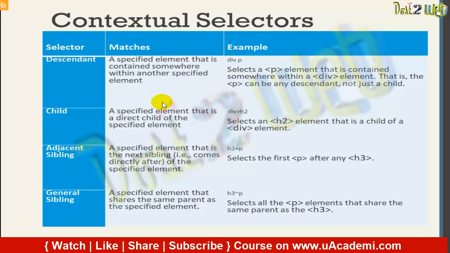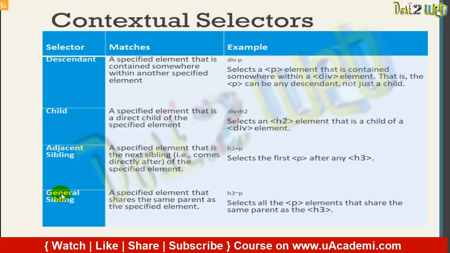When you want to use a child element, then you use div > h2. With the adjacent symbol, that means select the first paragraph after any h3. So after h3, if any paragraph is there and you want the CSS to be applied, then you are going to use h3 + p.